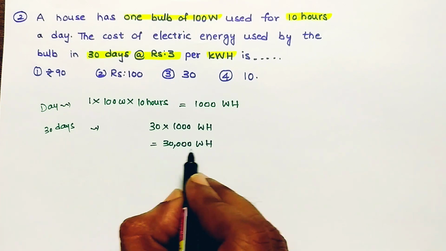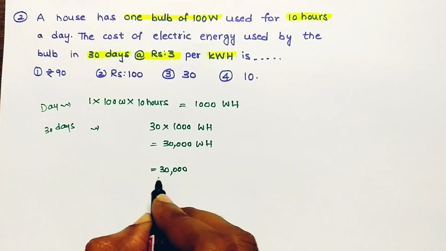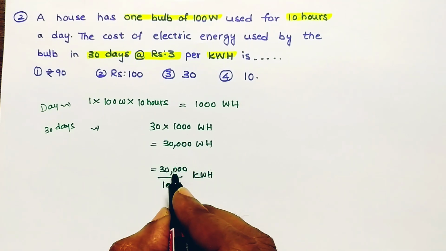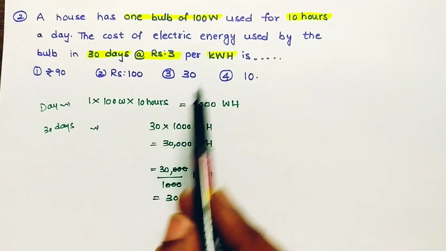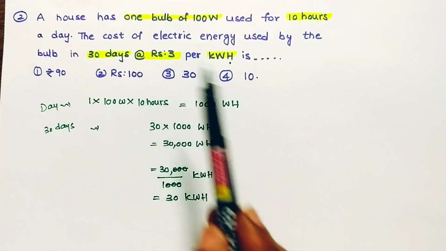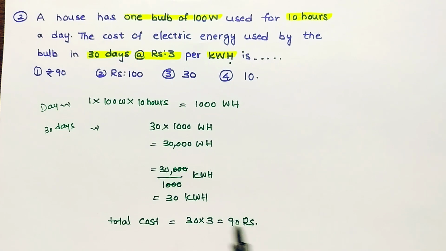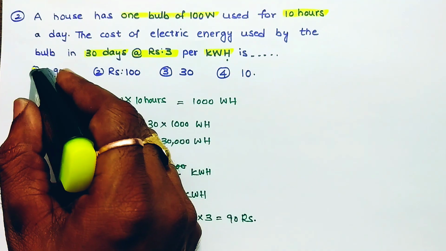So we have to divide this by 1000, 30,000 divided by 1000 is equal to 30 kilowatt hours. So 1 kilowatt hour costs 3 rupees. So total cost is 30 into 3 is equal to 90 rupees. So first option is correct. 90 rupees is the correct answer.